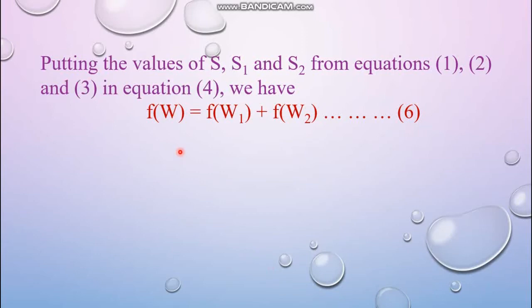Instead of S you write F(W), instead of S1 you write F(W1), and instead of S2 you write F(W2). So you get the values of S, S1 and S2 in the form of W, W1 and W2, and thus you get equation number 6. Okay, so putting the values of 1, 2 and 3 in equation number 4, we get equation number 6.